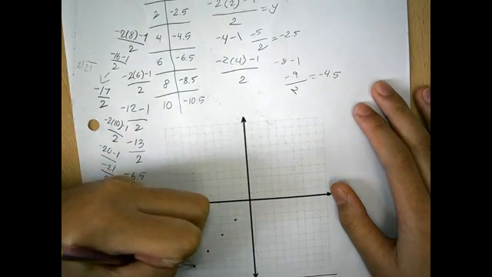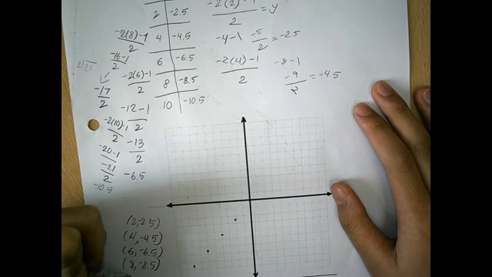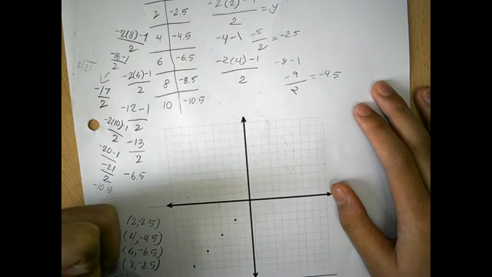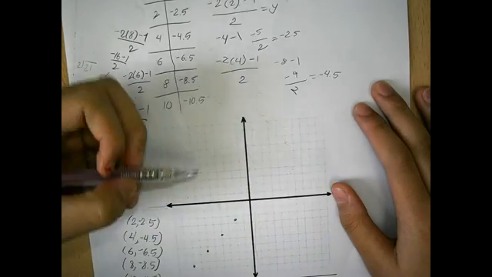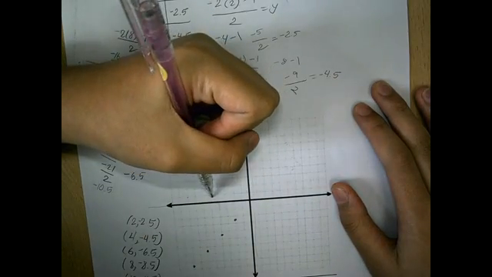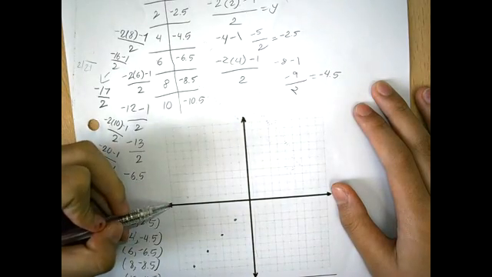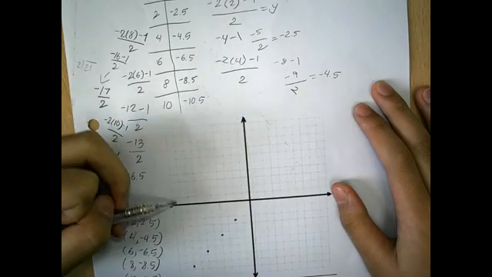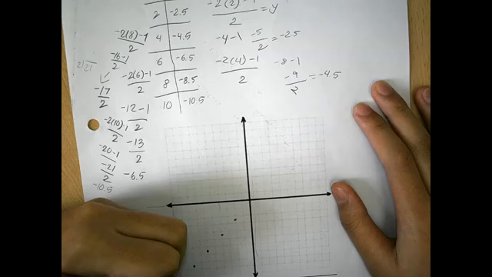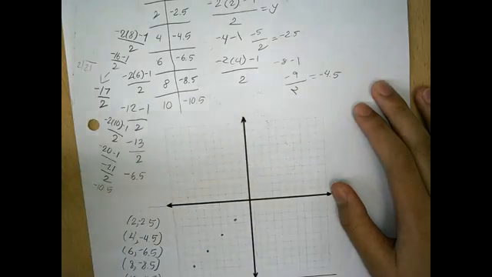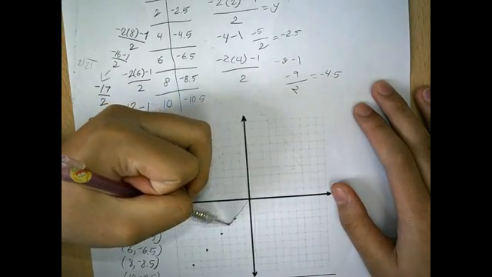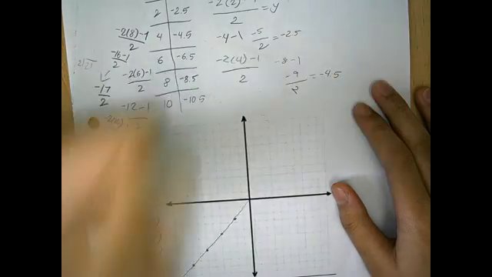That would be right here. And the last coordinate, which is 10, negative 10.5. So you have 10 right here, and negative 10.5 would be around here. So that comes in a straight line.